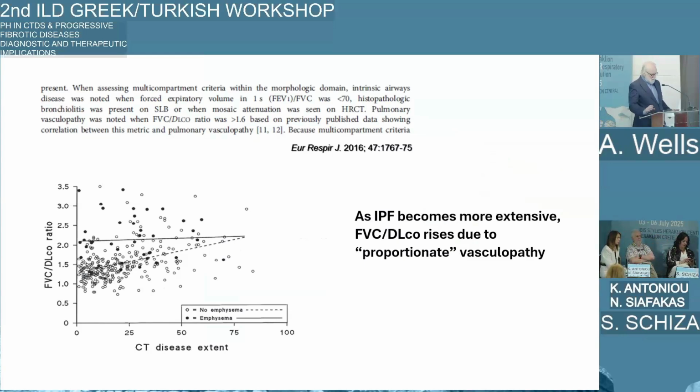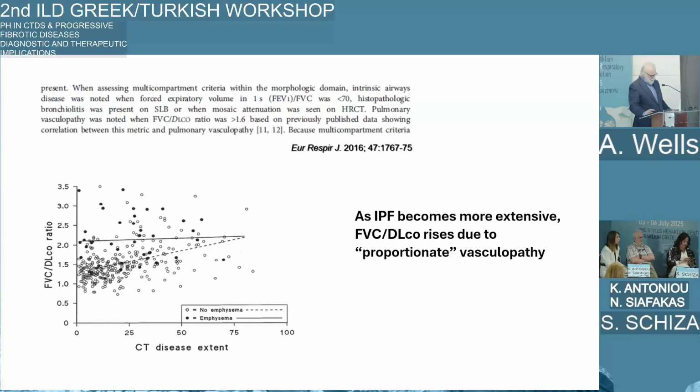Now, this diagram shows IPF patients with and without emphysema. And you can see with the open circles being emphysema and the solid identity line, that if you have even a whiff of emphysema, you tend to have an FVC over DLCO ratio above 1.6.